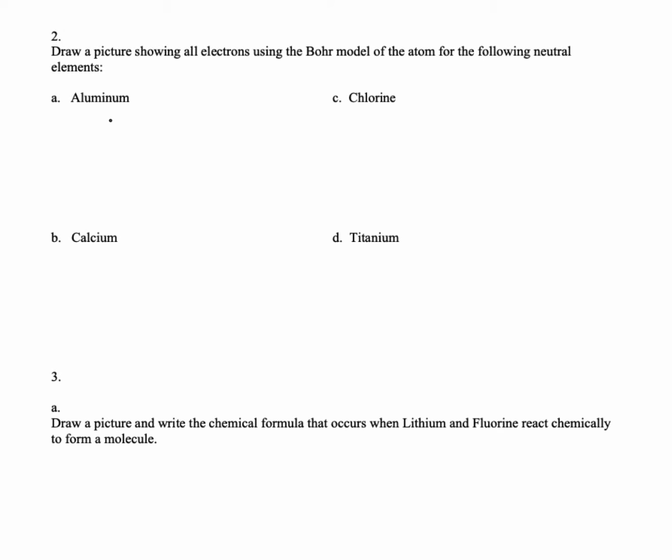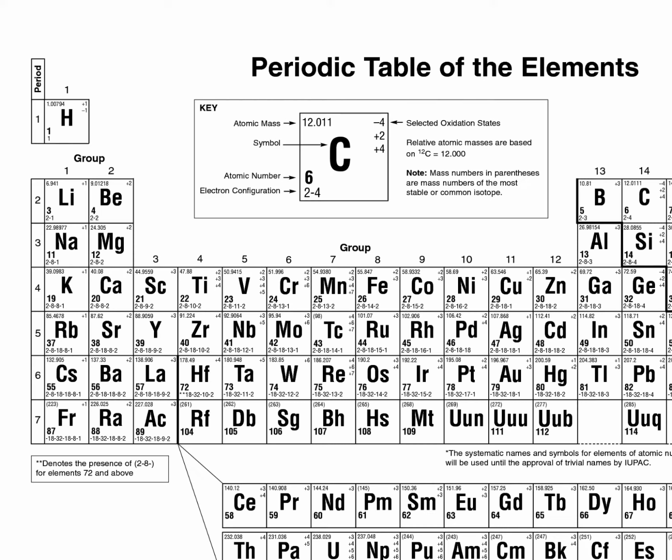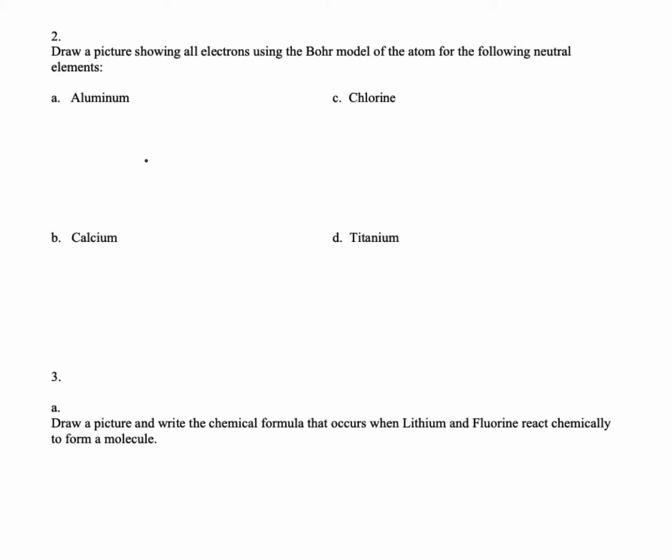Let's draw the Bohr model for a few random atoms in the periodic table here that we haven't covered yet. Aluminum. Aluminum is element number 13. It has 13 protons. So if I don't want to draw every proton, I can just put plus 13 as the nucleus. So there's supposed to be 13 protons in there. I can draw 2 electrons in the inner shell.